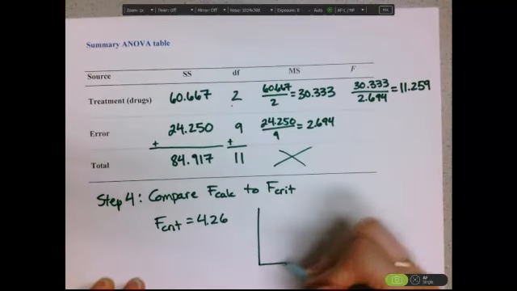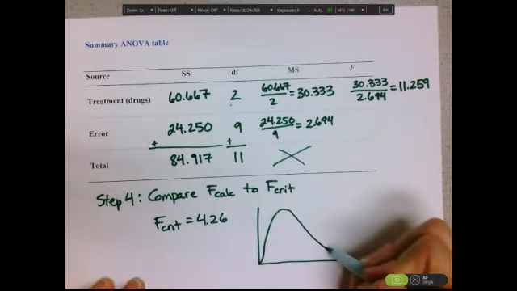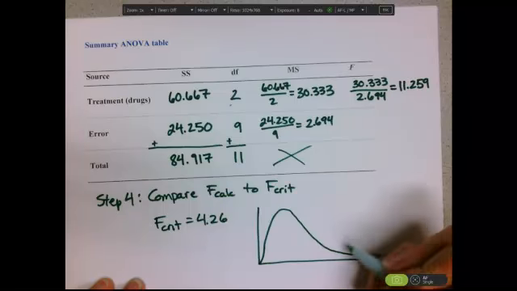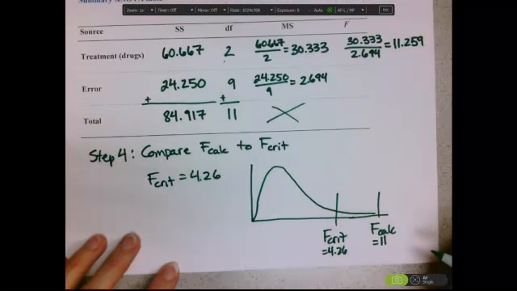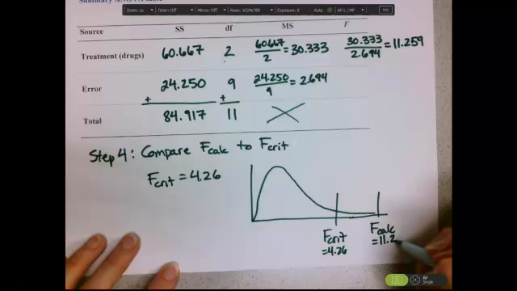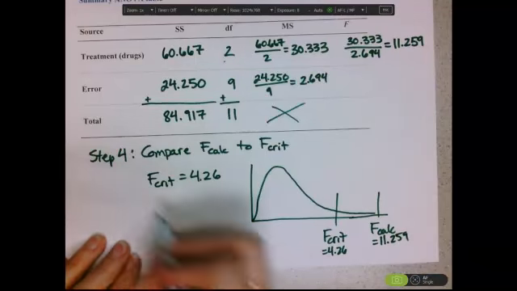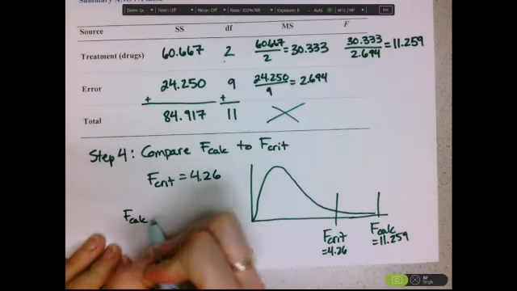So if we draw our distribution of F, remember it's a skewed distribution, our F critical is equal to 4.26, and our F calculated is equal to 11.259. So our F calculated is greater than our F critical.